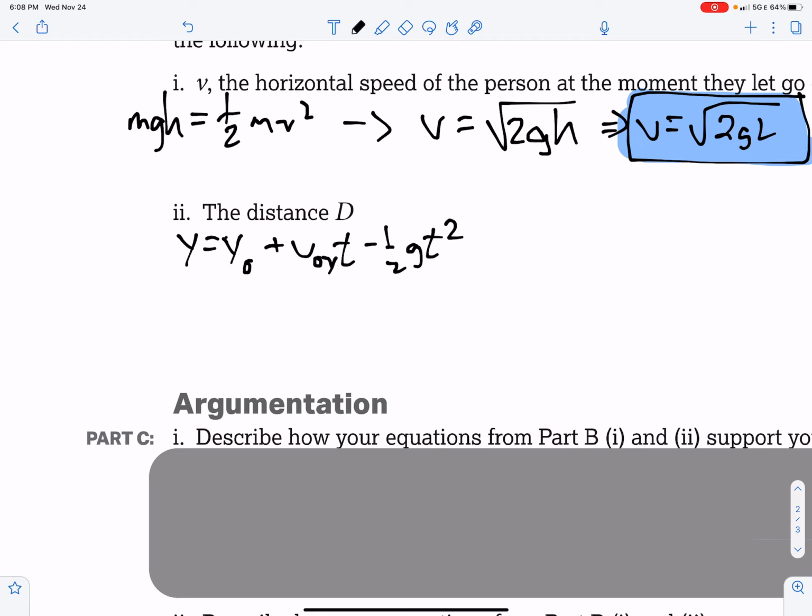And this is going to be 0. I'm going to subtract this to the other side, and we basically have delta y equals negative 1/2 gt squared.